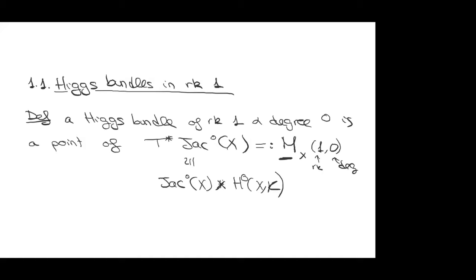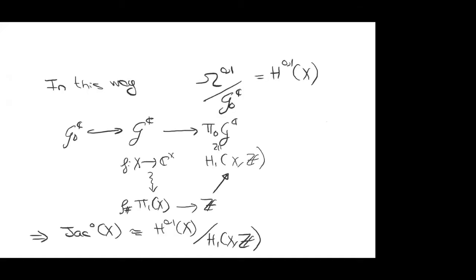Let's see. So G0 is defined by the exact sequence. Let's see. I'm going to identify G0 with omega 0 x C, and the way it's embedded is via the exponential.